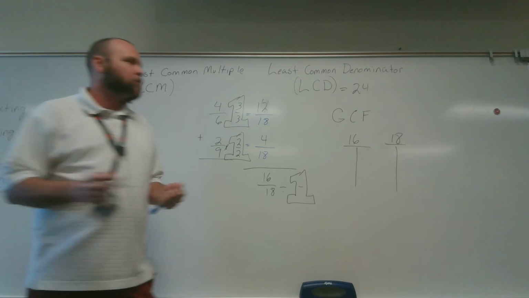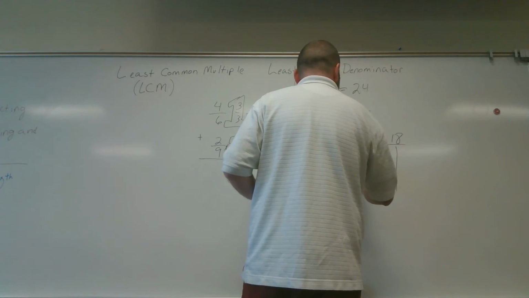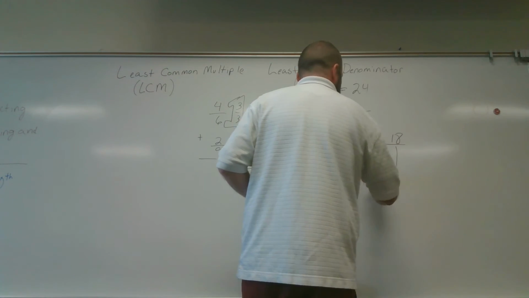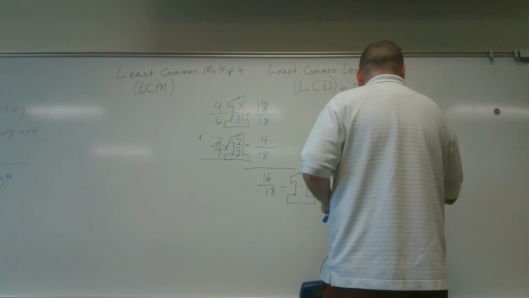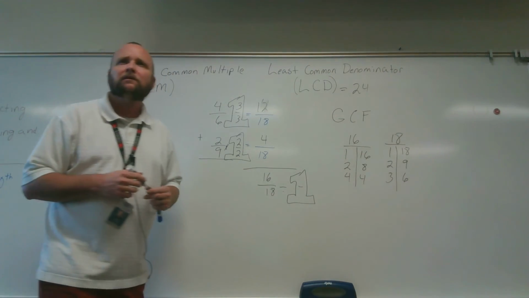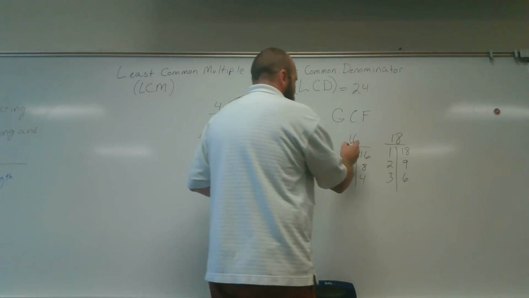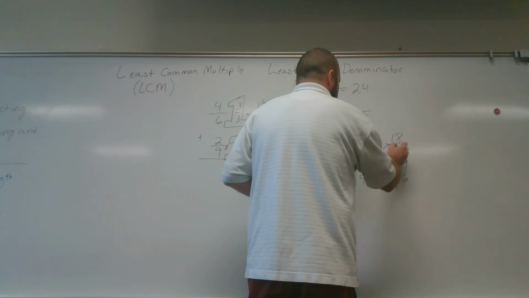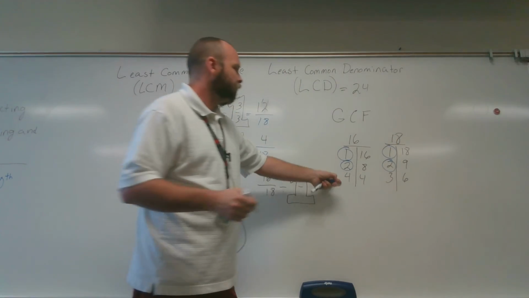We've already done that for 16 and 18. So I'll list my factor pairs. 1 times 16, 2 times 8, 4 times 4, 1 times 18, 2 times 9, 3 times 6. Any others? What they have in common are 1 and 2. Do they have 4 in common?